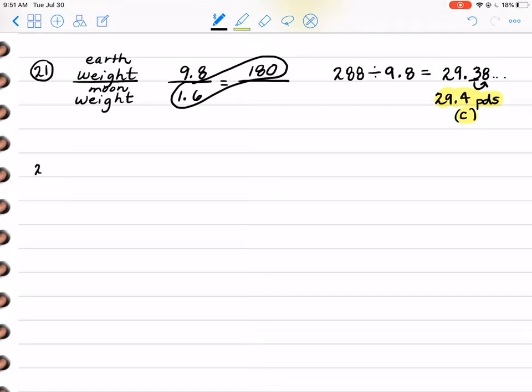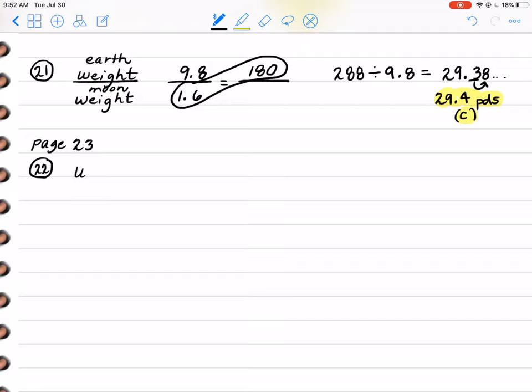Okay, number 22 is on page 23. It says to consider the map below. What is the actual distance in miles between Smithtown and Bullville? So we have to look at the map to get the scale.